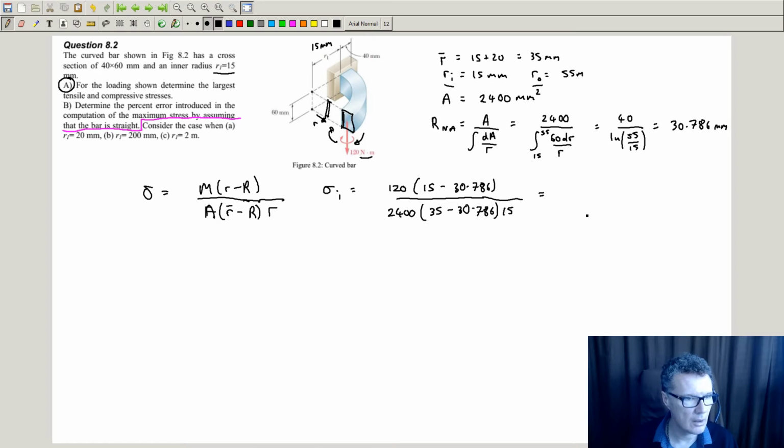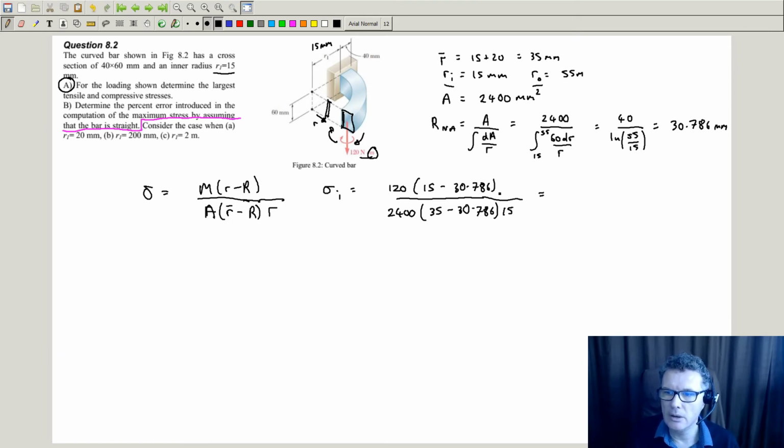And I am getting not the right answer. Okay, I've introduced an error because of my units trying to be clever, working in millimeters.